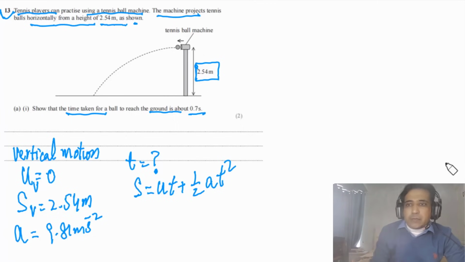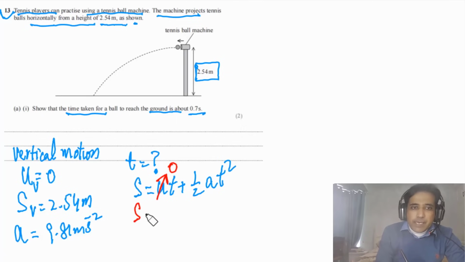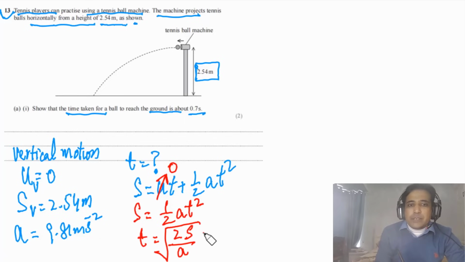Now we need to plug in values. Initial velocity is equal to 0, so this term will be equal to 0. We are left with s = 1/2 at². To find t, we can write t = square root of 2s divided by a. In this case you have to define one direction as positive. I'll define down as positive, because both of these quantities will be positive.